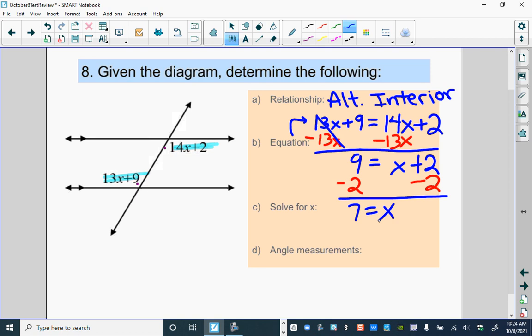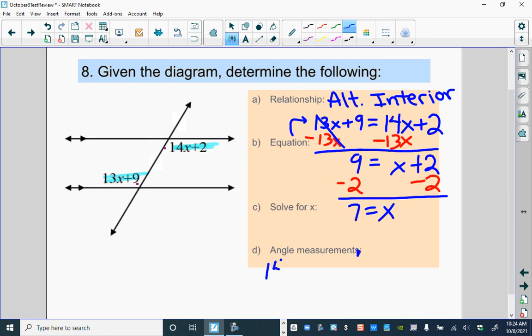All right, now, what would be the angle measurement in this case? I should have put the parentheses around the x. Here it's only going to be just one angle measurement because we know they're going to be the same, right? So what would be the angle measurement of either angle? Okay, Des is saying 100.